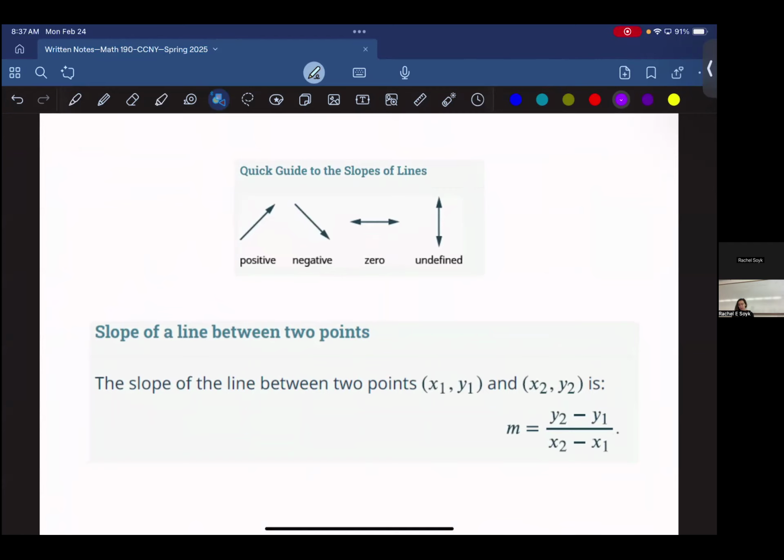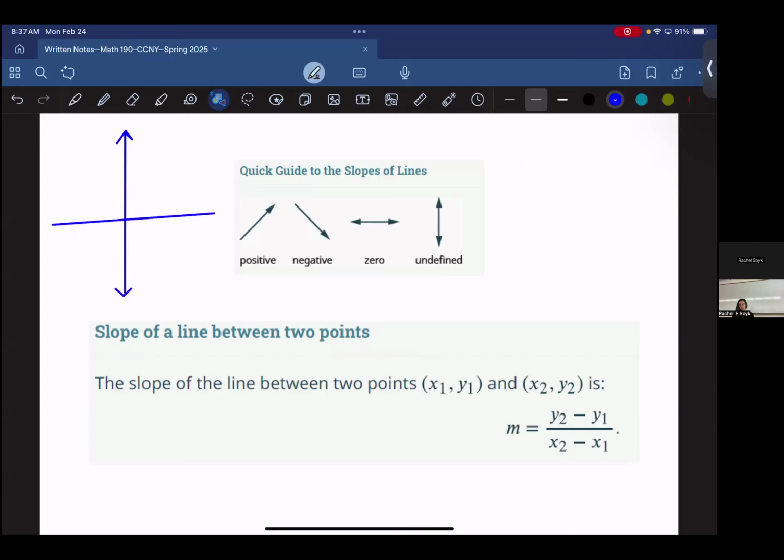Some more formal definitions. Haven't really covered this in our objectives earlier, but anytime you're looking at a positive slope, you're always reading your graphs from left to right in math.